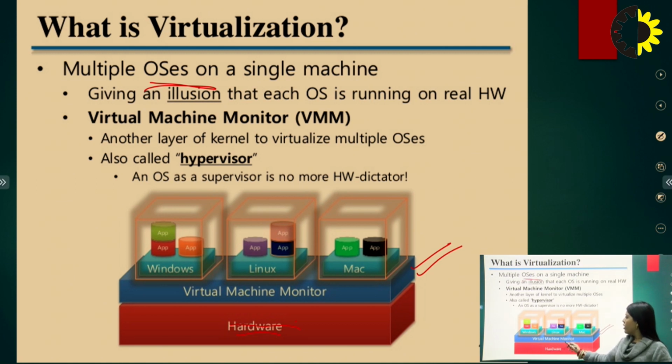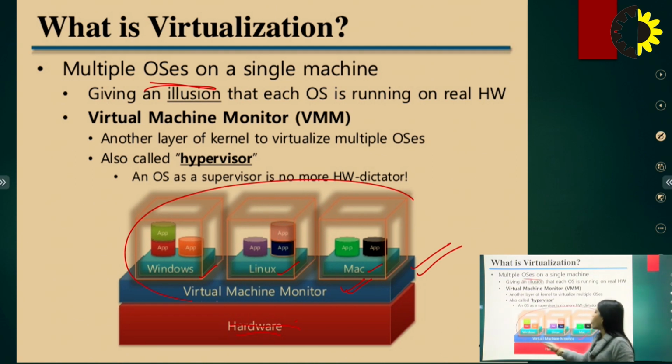After the hardware level, there is a virtual machine monitor, which monitors the virtual machines. On the virtual machine monitor, multiple operating systems are installed, like Windows, Linux, Mac. These three operating systems work on the virtual machine monitor, and this whole process is called virtualization.